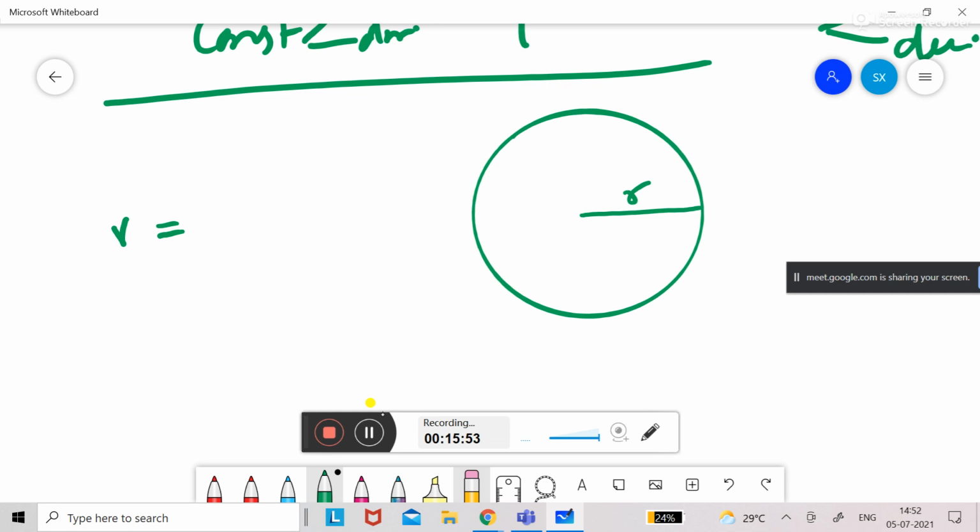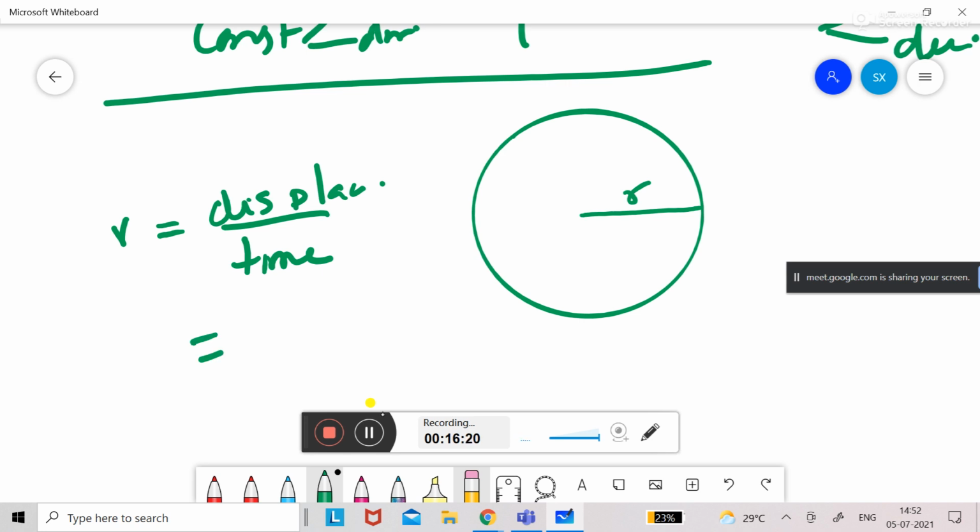What is the speed formula? What is the velocity formula? Speed is equal to distance by time taken. Velocity means displacement, speed means distance.